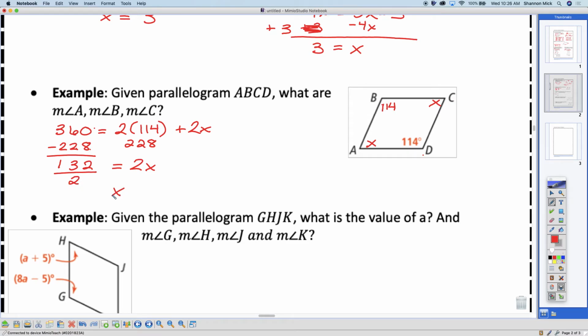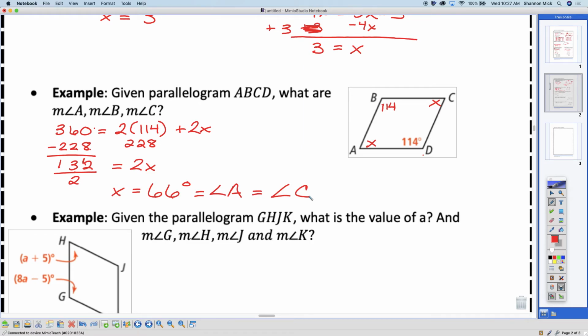So x, 2 goes into 13 how many times? 6. So 66 degrees is equal to angle A, which is also equal to angle C. And then we already wrote B, right?